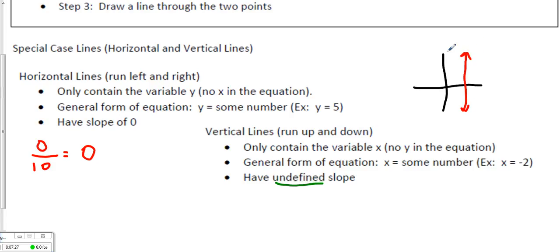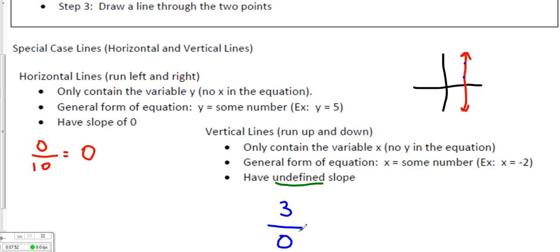Let's say I picked two points, this point here and this point here. Using the slope as rise over run, going from here to here, we'll say that's rising 3 points. The run, the left and right, is 0. It's not moving left or right at all. So its slope is 3 over 0, or 3 divided by 0.